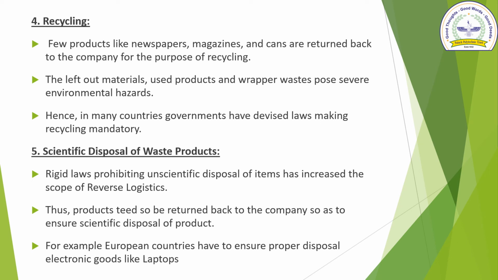Various products which cannot be disposed of easily are returned to the company, and the company takes up the scientific disposal procedures to dispose of such products. In European countries, various scientific procedures are adopted to dispose of electronic items like laptops, mobile phones, television screens, etc.